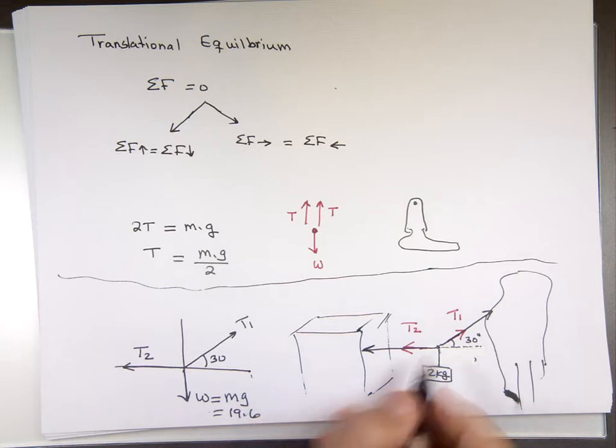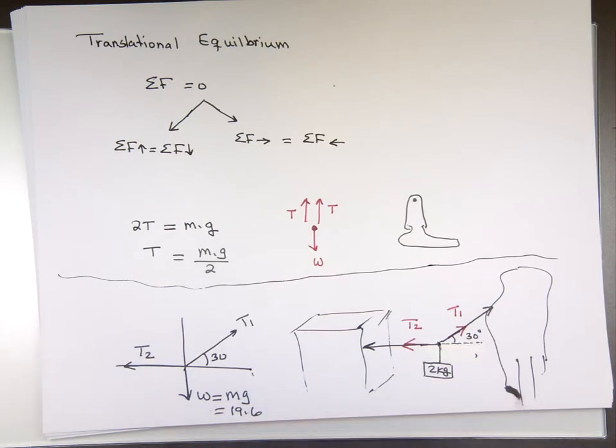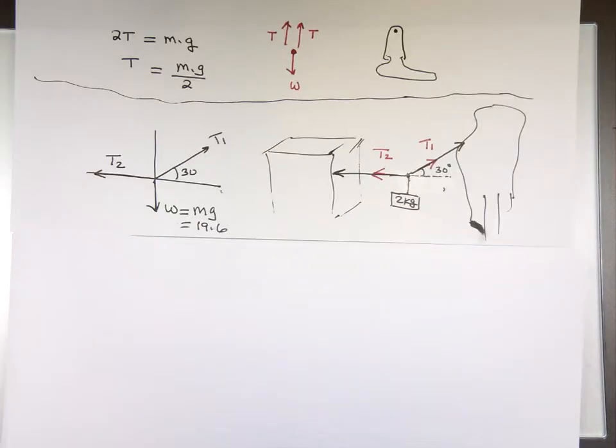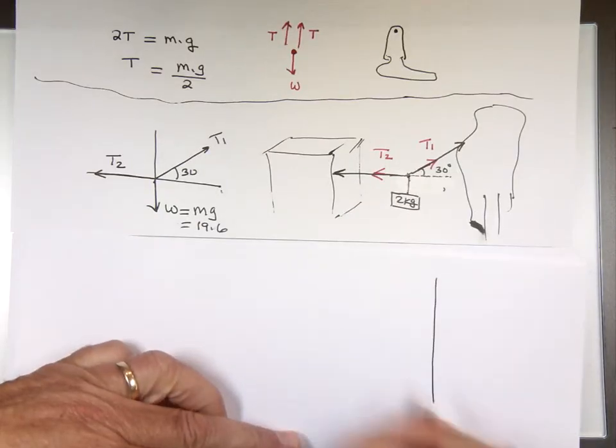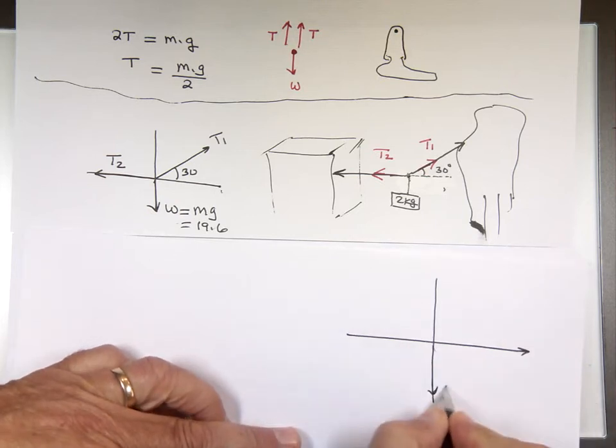If you take that spot and put your axes right here, these are the three forces on it. Any force that's not on the x or y axis, you want to break down into x and y components. So let me take T1 and break it down into its components. This is the weight, 19.6.